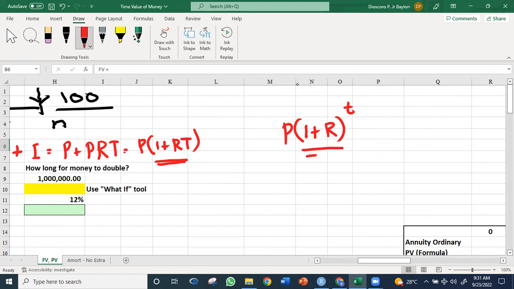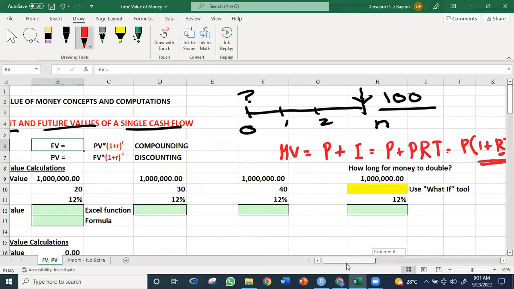The compounding factor is very much different from the simple interest factor. The t, the number of periods, is exponentiated here, while here it's just a linear function of r, just multiplied with r. But this one here, we raise it to the power t. So the compound factor will always yield a higher value compared to the simple interest factor.